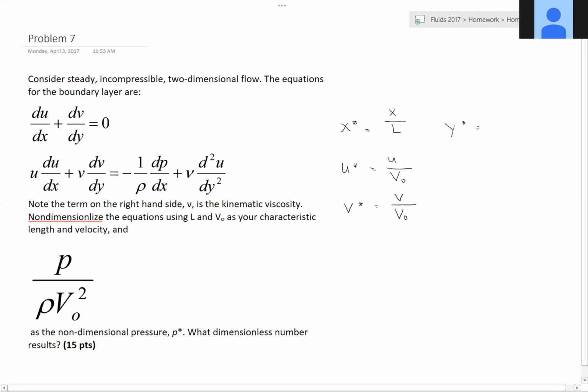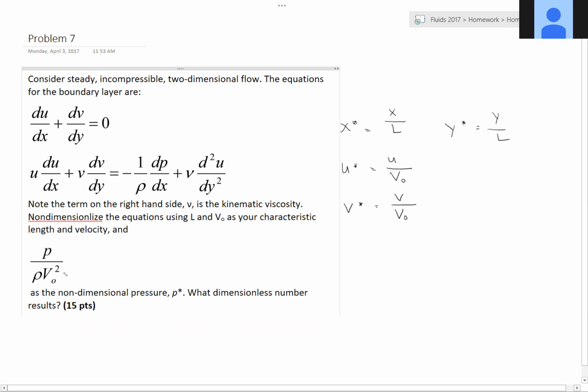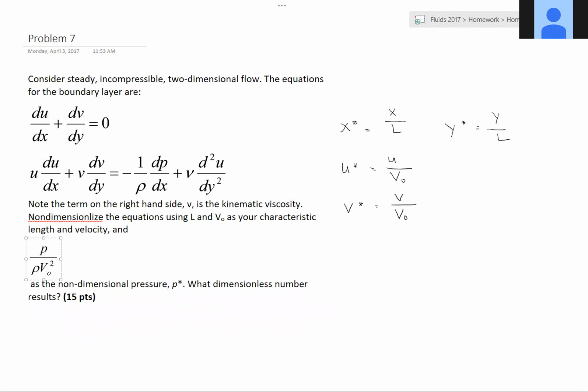Yeah, y divided by L. So let's look at the ones that might be a little bit trickier. So our P star is going to be equal to our P, and it tells you right away, divided by rho V naught squared.